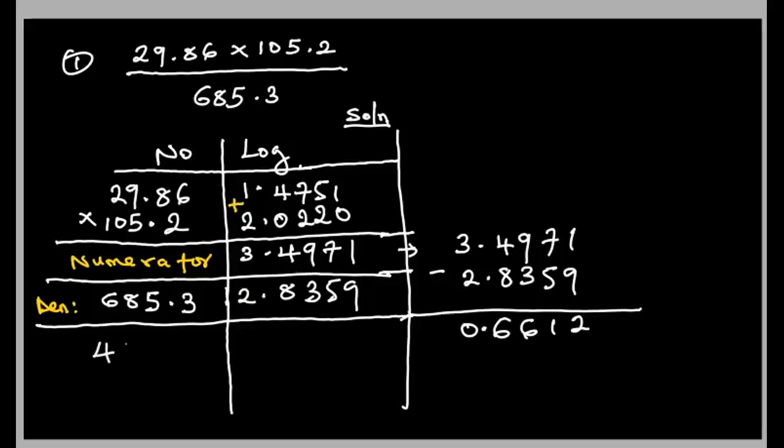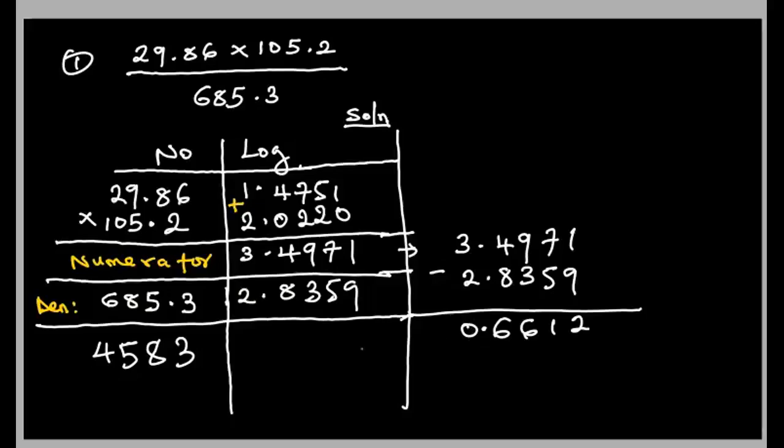Now consider this number, the whole number here. The whole number here is 0. For anti-log, we always add a +1 to our whole numbers.